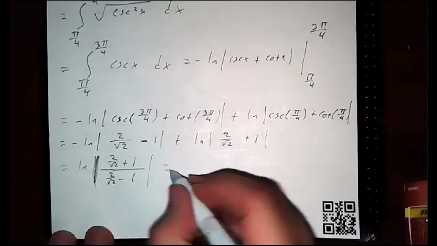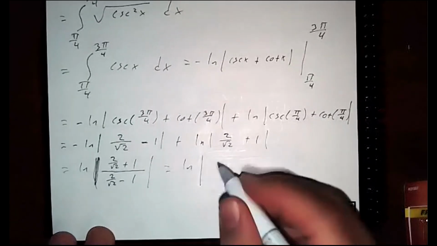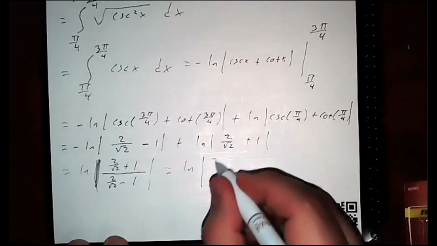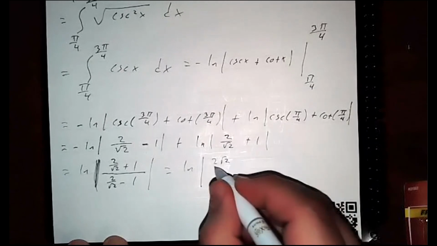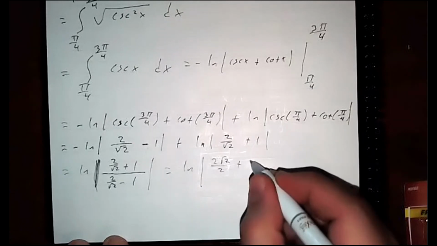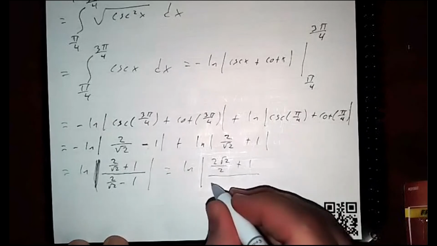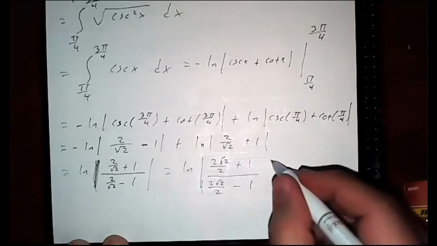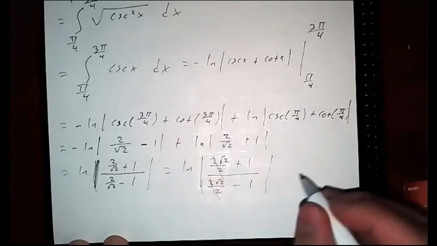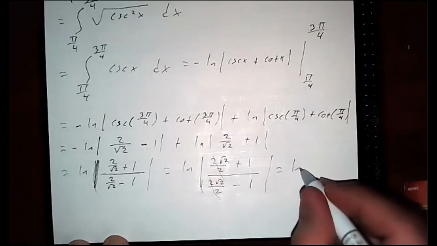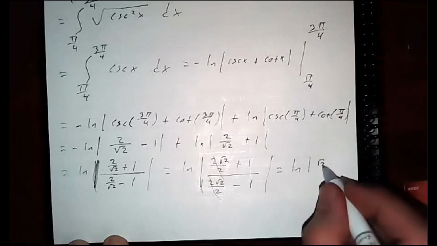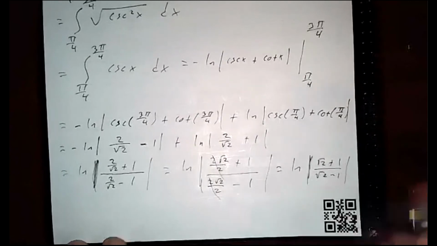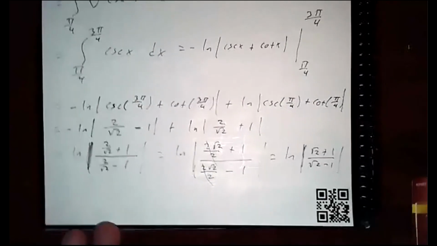So you could do some algebra here and do ln of 2 over root 2 over 2 plus 1 over 2 root 2 over 2 minus 1. Those 2's are gone. So we end up with ln of square root 2 plus 1 over square root 2 minus 1. That's as far as we can go.